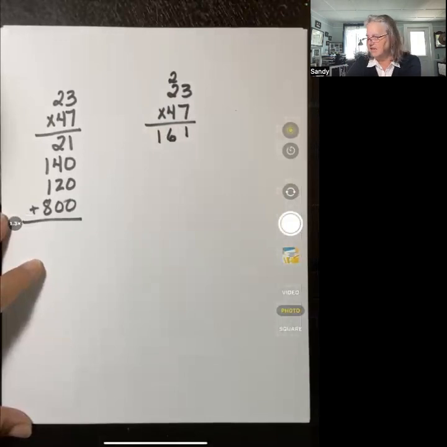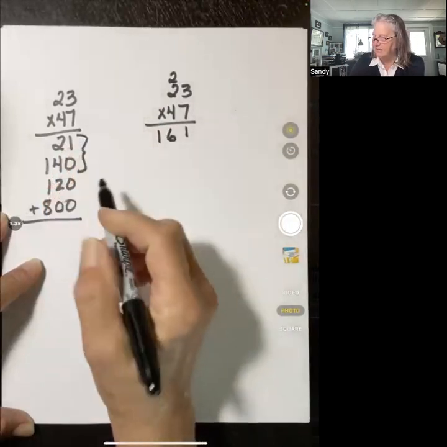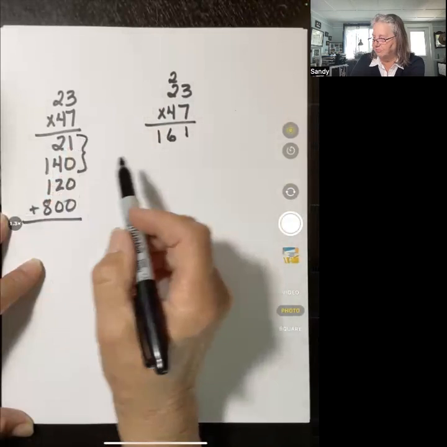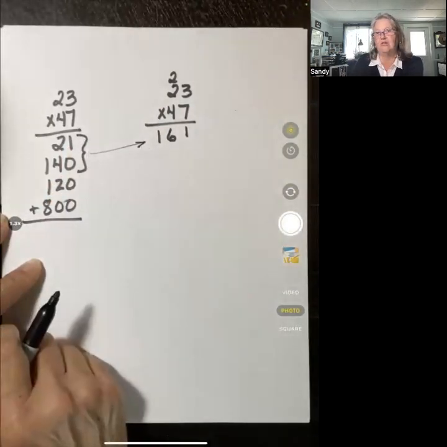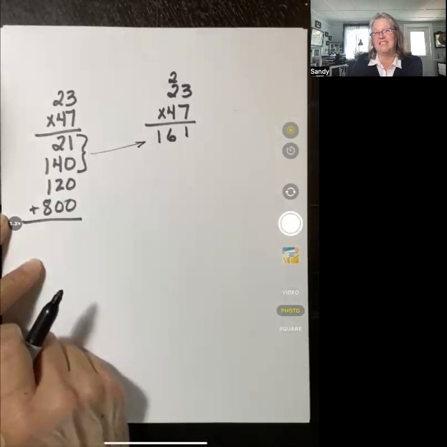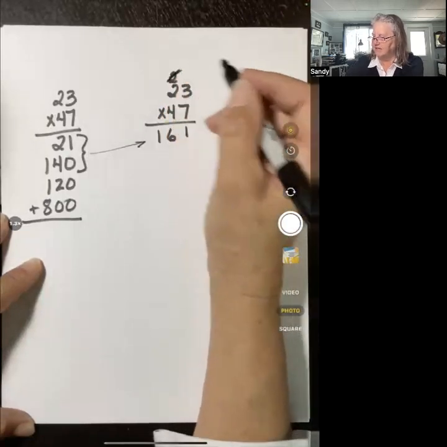Now, one thing I want you to notice is what that standard algorithm just did for us is it let us combine those two partial products into one step. That's all we did, right? Same idea. Combine into one step. Then we need to ignore this in this next piece.